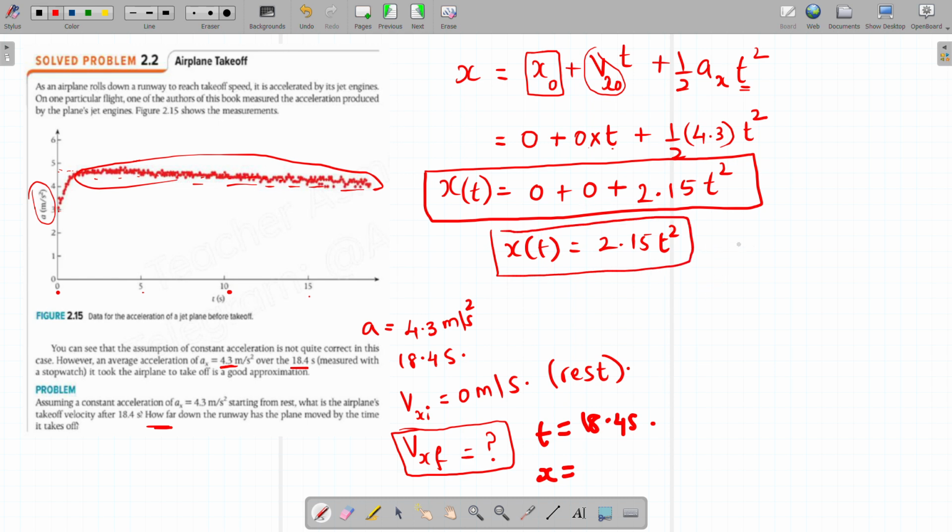Now we can take the first derivative to find the velocity function.